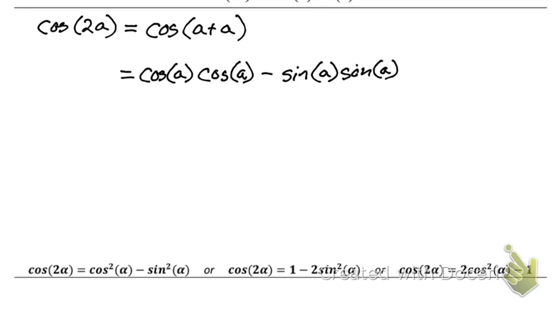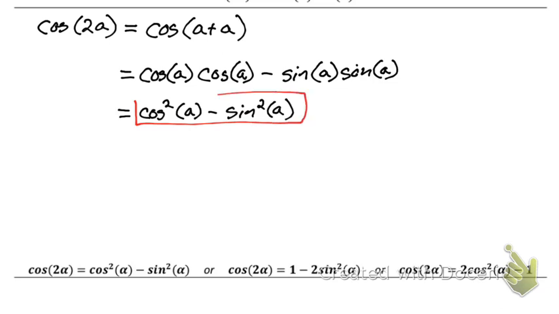Well, that condenses down to cosine squared a minus sine squared a. And that is one of our identities that's in that bottom left. You can rewrite cosine 2 alpha as cosine squared alpha minus sine squared alpha.